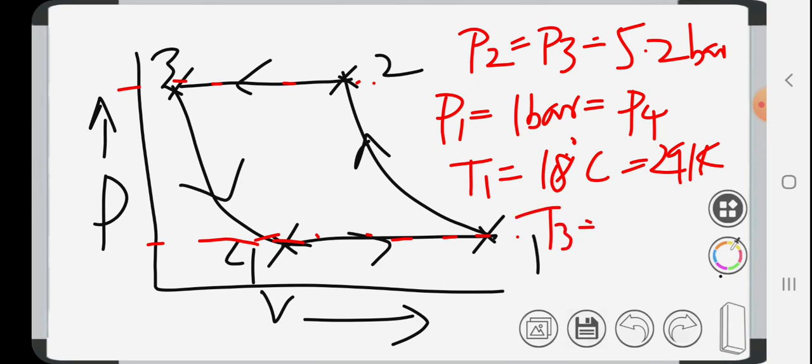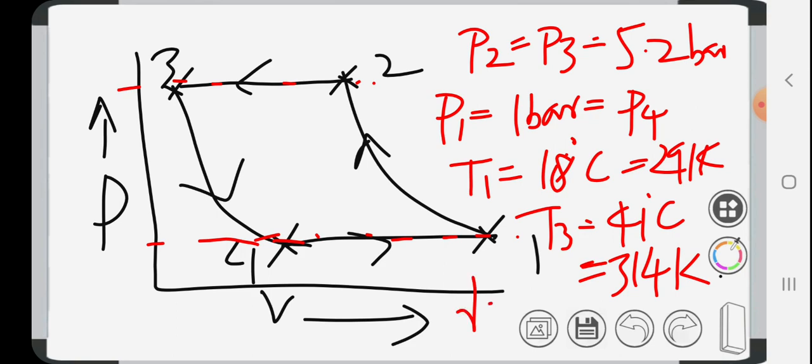T3 is equal to 41 degrees Celsius, which means 273 plus 41, 314 Kelvin. And also gamma is given, 1.4.